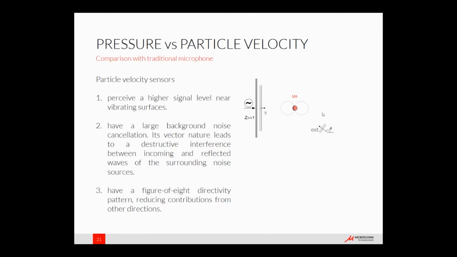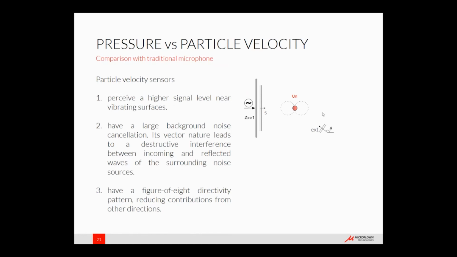So it's not limited in frequency. It works for both low and high frequencies. And this directivity, this kind of spatial filtering, works in the full range and can have a big impact also in reducing unwanted sources.